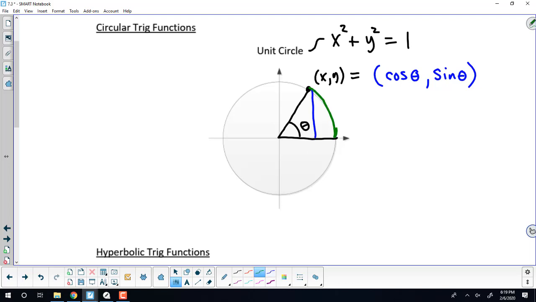So we have this length. We also have this arc length here. Does anyone remember what the length of this arc is? How you find it?